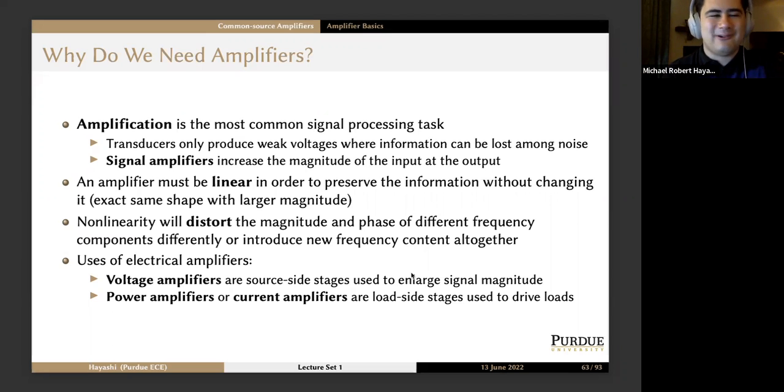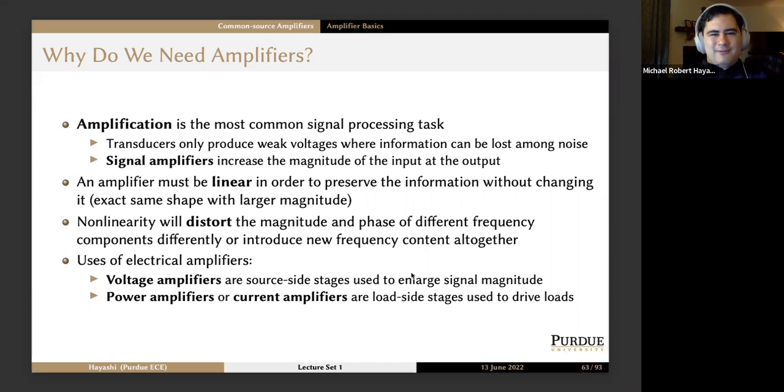Well, as I said before, amplification is the single most common signal processing task. Any sort of transducer, which is anything that creates energy in a different domain from what it receives as its input, another name for them being sensors. A sensor might translate vibration into a voltage, like a microphone, or it might translate temperature into a voltage, like a thermoelectric element.